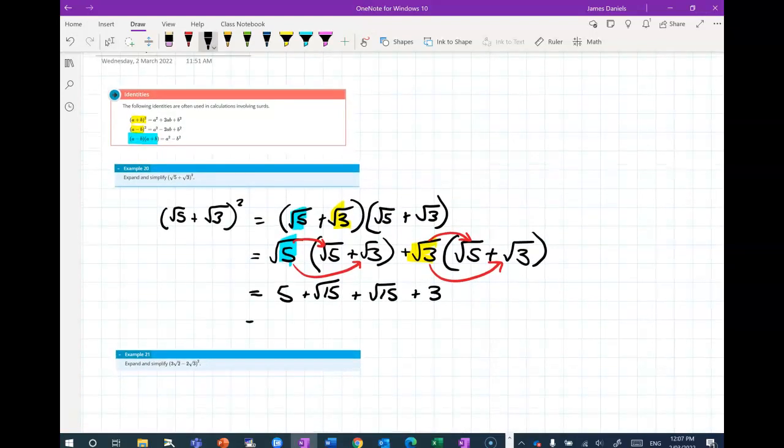Collect like surds. We've got like ones here, and we also have some like ones in the middle. 5 plus 3 is the number 8. One lot of square root 15 plus another one would give us 2 lots of square root 15, and it's been simplified there.